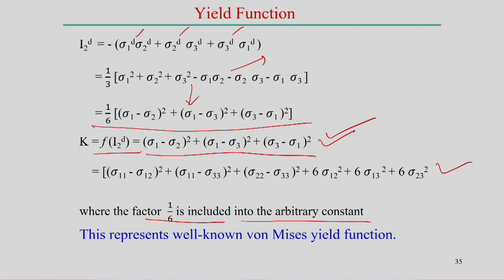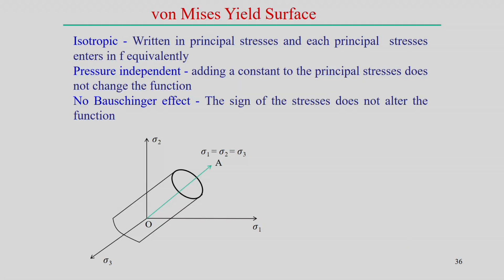But this functional form is valid with the assumptions that the material is isotropic and the yielding is pressure independent, and if there is no Bauschinger effect, only then can the yield functional form be represented this way. Now, we can also cross check this functional form of the yield surface. The isotropic material properties are independent of direction, therefore the form is written in principal stresses, and each principal stress enters the functional form equivalently.